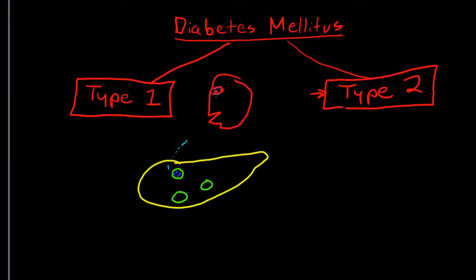So we have a guy here eating a Twix bar and ingesting lots of glucose, and the glucose makes its way down into the pancreas. When the pancreas detects a high level of glucose, it cranks out insulin, and insulin goes into the bloodstream and goes to various organs and does its thing.